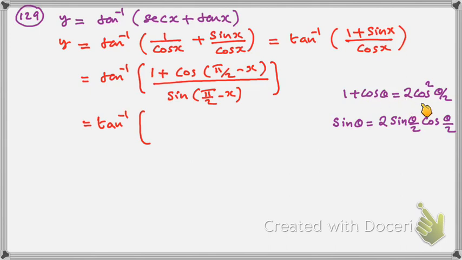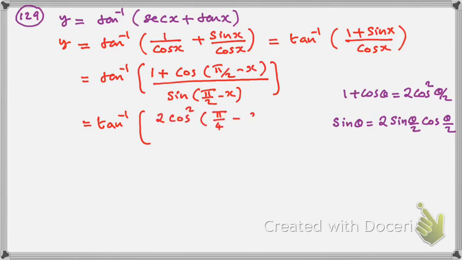1 plus cos theta is 2 cos square theta by 2. In 1 plus cos, this whole thing is my theta. So 1 plus cos theta would be 2 cos square theta by 2, half of this angle. Pi by 2 will become pi by 4 and x will become x by 2.